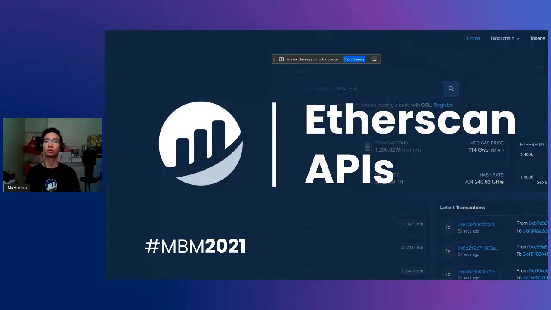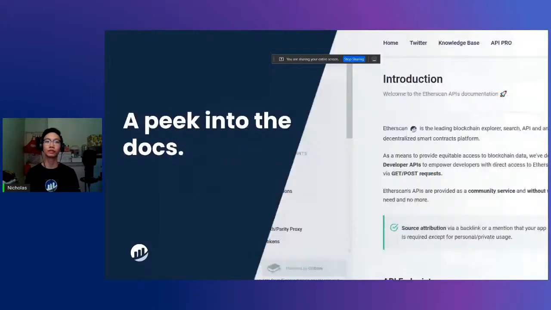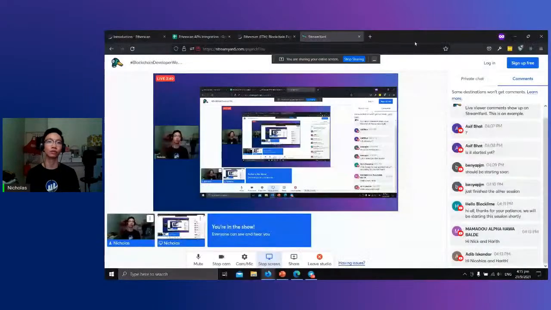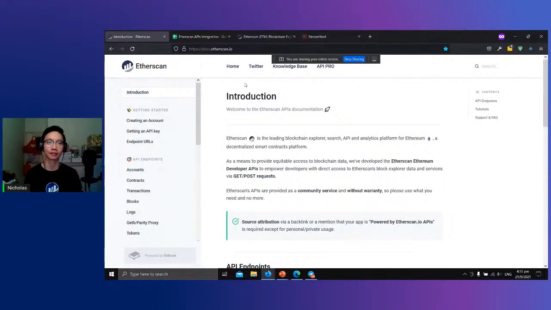Okay, so moving on, I think a great way to get started with the docs is to check out our documentation. So let me just switch my screen over. Okay, so I hope everyone can see our newest API documentation.